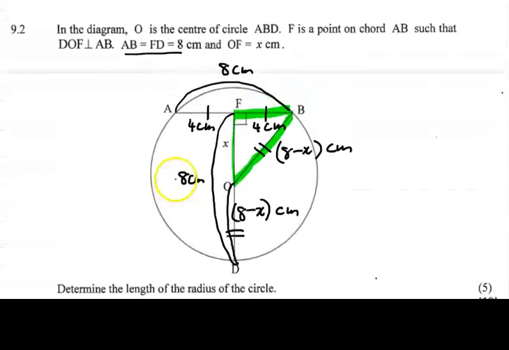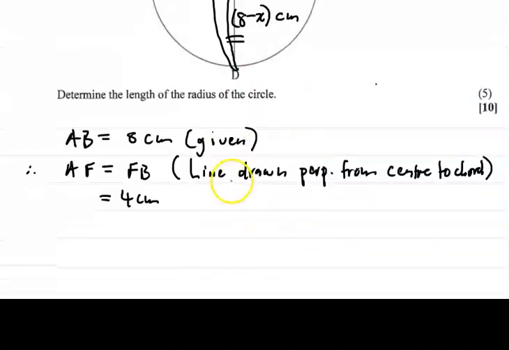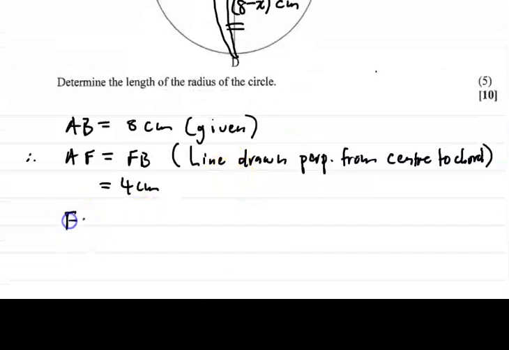The next thing that we wrote was that, remember, AB equals FD equals 8 centimeters. Therefore, remember, OD is going to be 8 minus X centimeters. So let's write that down. FD is equal to 8 centimeters. That was given to us.